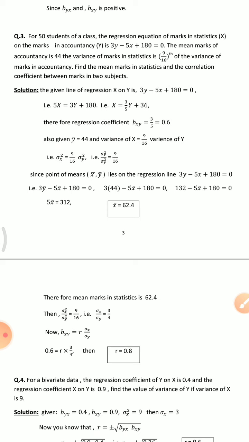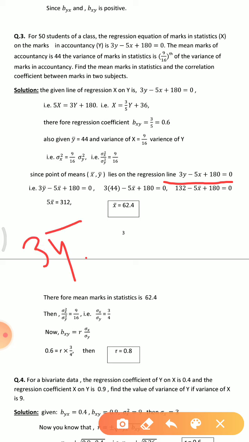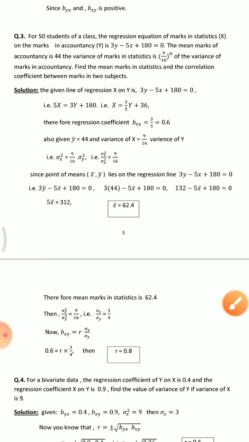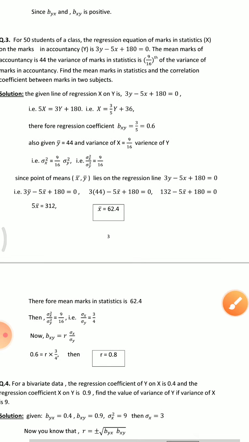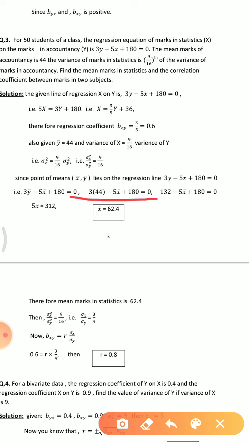Since the point of means, x bar and y bar, lies on the regression line 3y minus 5x plus 180 is equal to 0, the equation becomes 3y bar minus 5x bar plus 180. Substituting the given y bar, that is 3 into 44 minus 5x bar plus 180 is equal to 0.